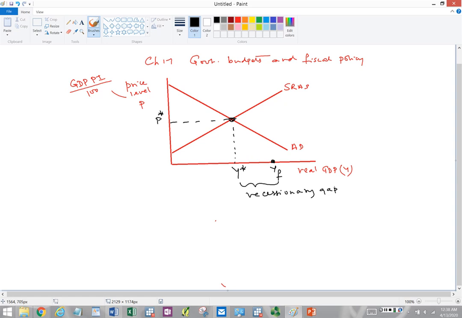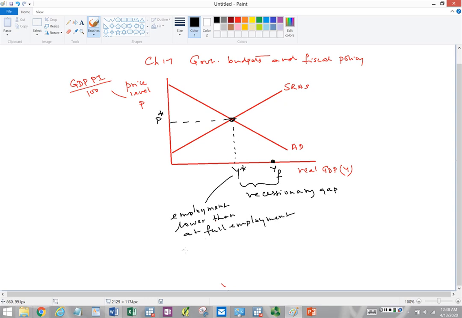Because you see, you have full employment when the level of GDP produced is Y sub F, right? A smaller amount of GDP Y star would need fewer workers to produce it. So employment would be lower at the Y star level of GDP than at full employment, right?